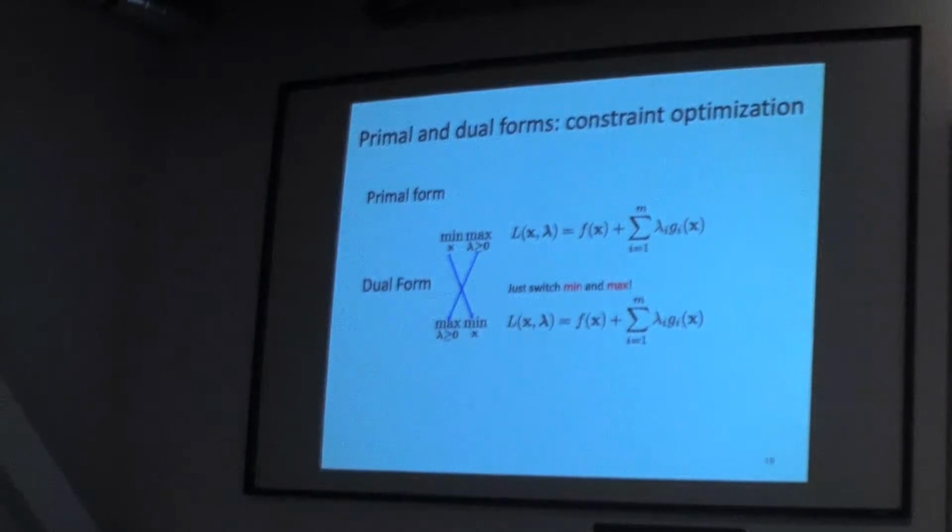So you can see the dual form and primal form are just a switch of the order for min and max. The primal form is doing min max, and the dual form is doing max min. But the objective function is exactly the same, and the constraints are exactly the same. Nothing else changed. It only changes the order of the min and max.